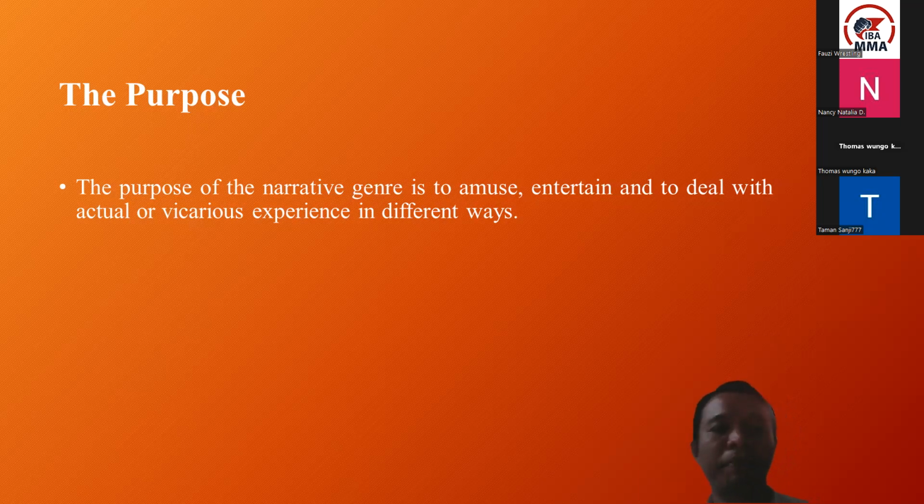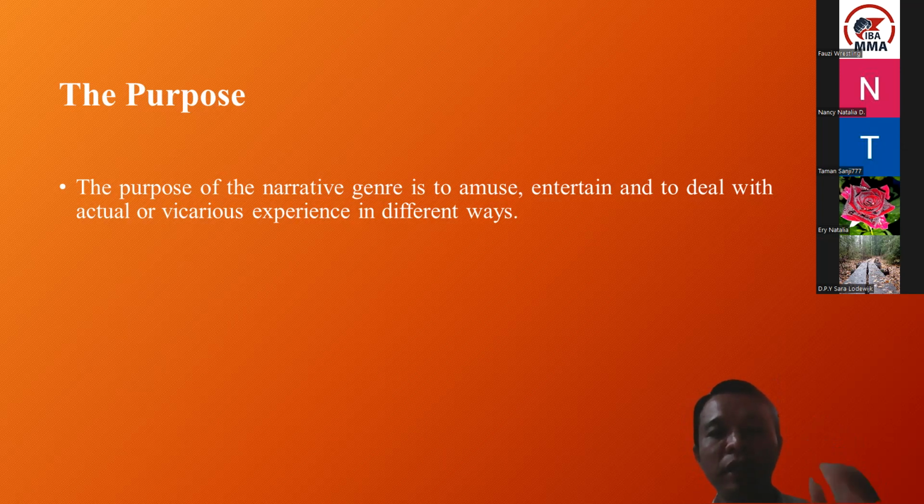Okay, that's the purpose. The function of the narrative text genre is to amuse, entertain, and to deal with actual or vicarious experience in different ways.